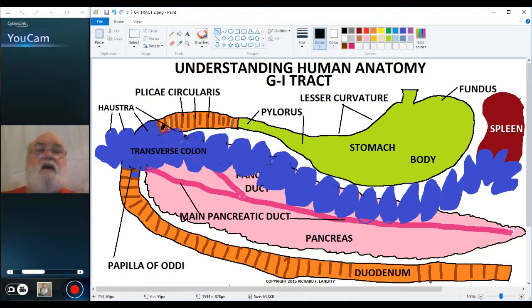The other structure that I haven't drawn in, but I will now, is the taenia coli. And these are bands that run the length of the large intestine.